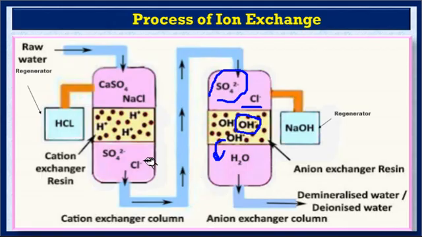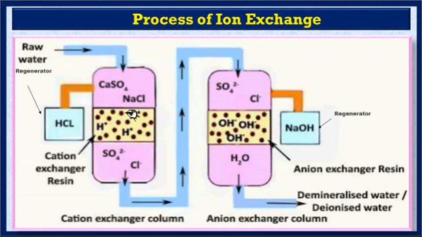So after passing through the cation exchange resin and the anion exchange resin, water contains only the H plus ion and the OH minus ions. These H plus and OH minus ions now combine to form H2O.